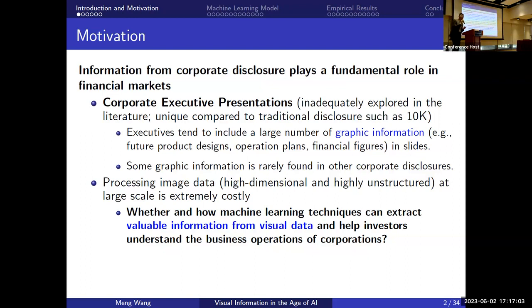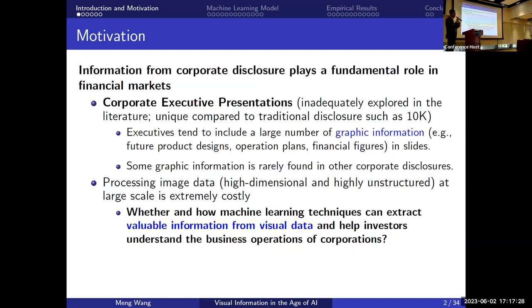We want to study corporate executive presentations, and to be more precise, we want to focus on the presentation slides. The reason that information from there will be very interesting is that unlike the traditional disclosure, executives tend to include a large amount of graphic information in the slides.